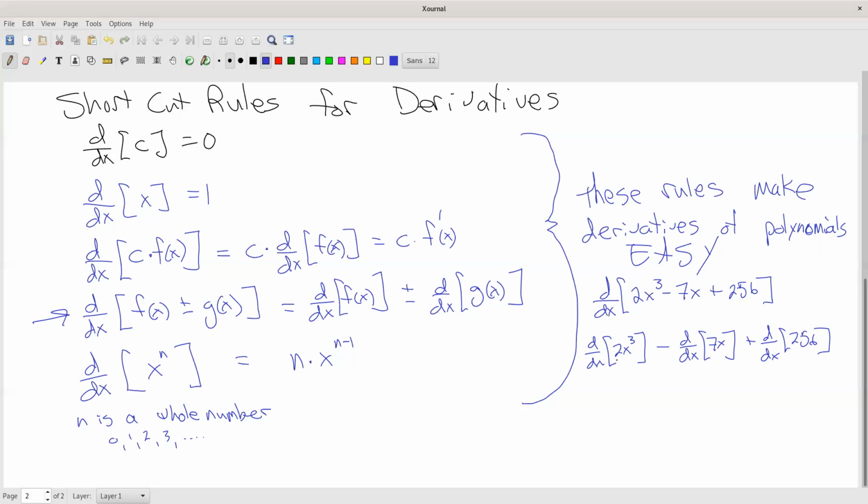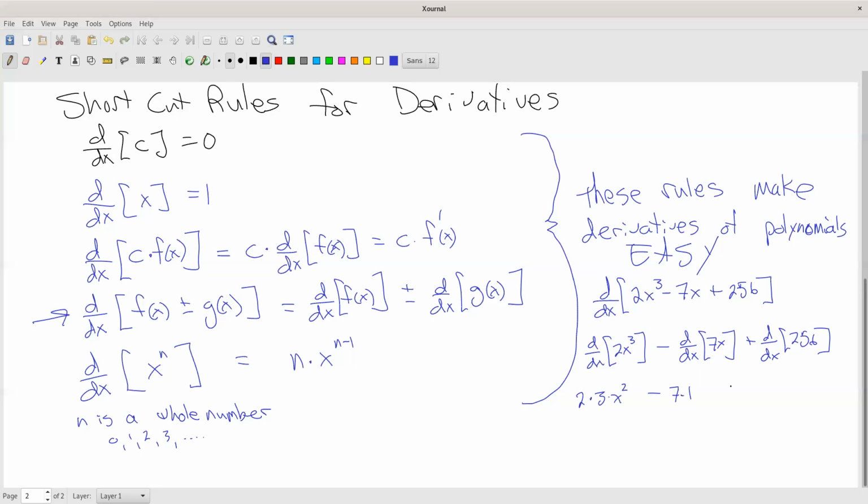And then we have another rule that says if there's a multiple, we can just pop that multiple out. So I can pull that 2 out and then take the derivative with respect to x of x cubed. My rule here says pull the power down, then reduce the power. So that would be multiplied by 3x squared. Minus, we can pop that 7 out, and then the derivative of x is 1 by my rule up there.